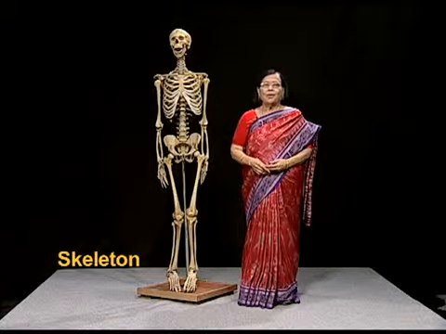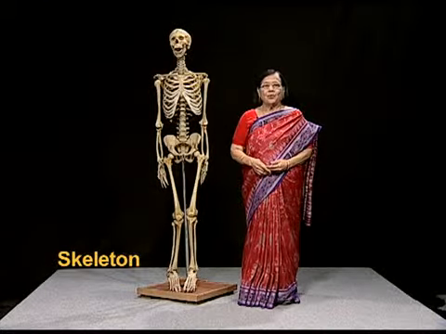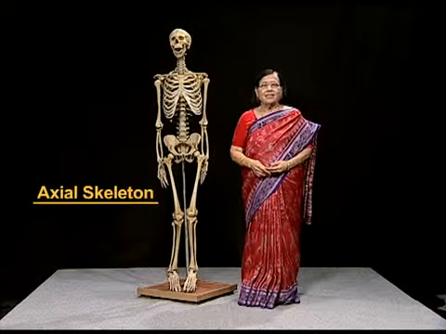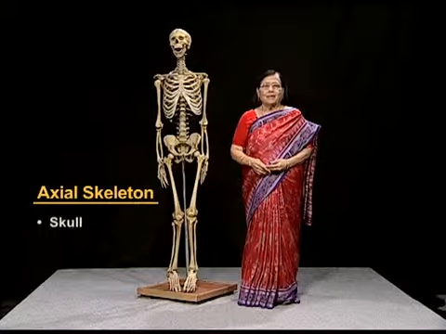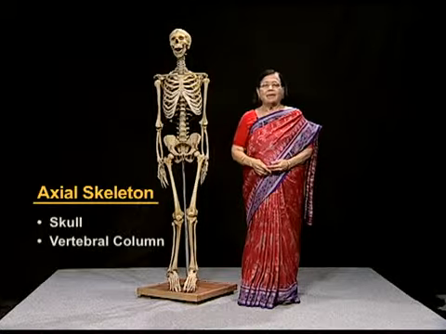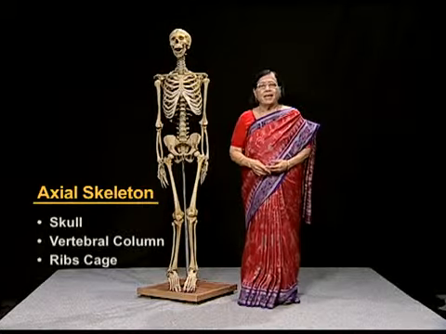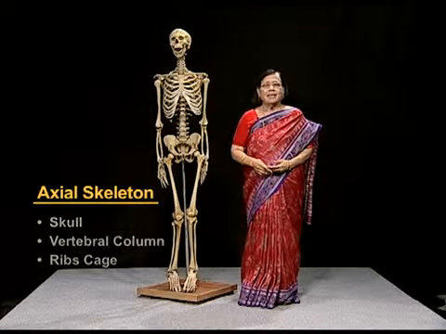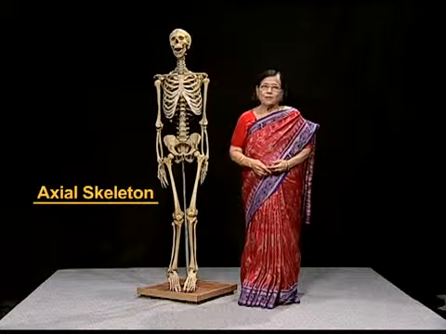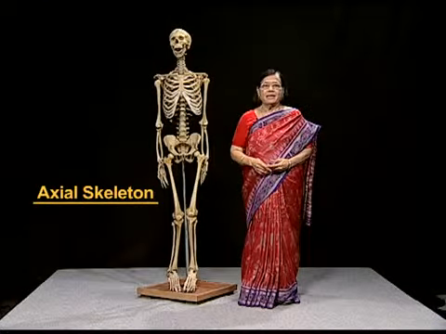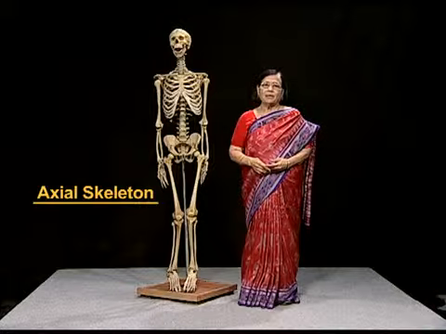As you know, in the skeleton there are two main divisions: axial skeleton, in which come the skull, the vertebral column and the rib cage. As the name indicates, axial means axis. It makes the axis of the body, and that is our head, our chest and the vertebral column.